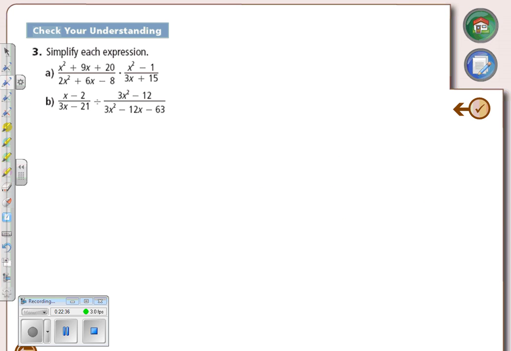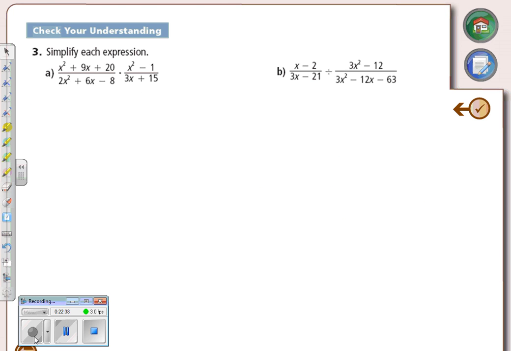And last question here. This is where factoring starts coming into play. We've got 1, 2, 3, 4 parts that need to be factored in this one question before we can even start doing much. So let's factor the numerator. And this is why you want to have practiced up all your factoring so that you can factor this quickly and say, oh, that's x plus 4 and x plus 5.